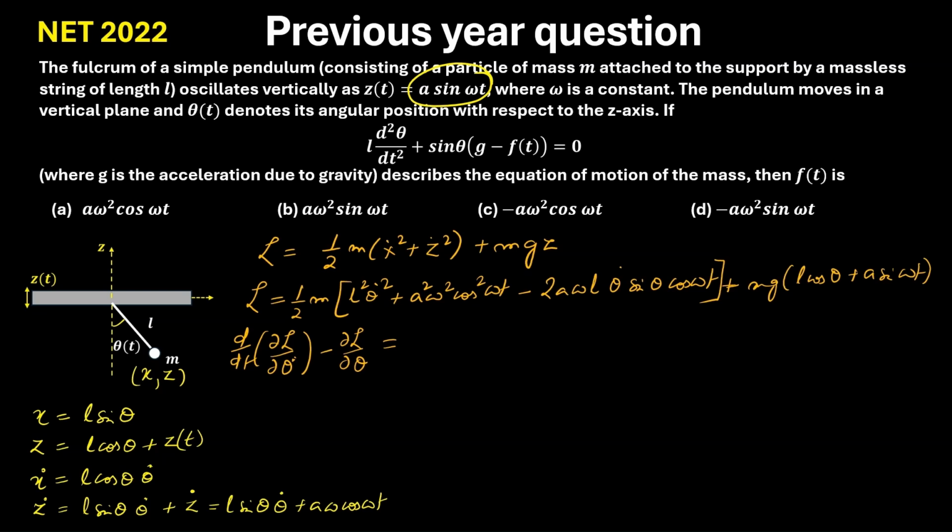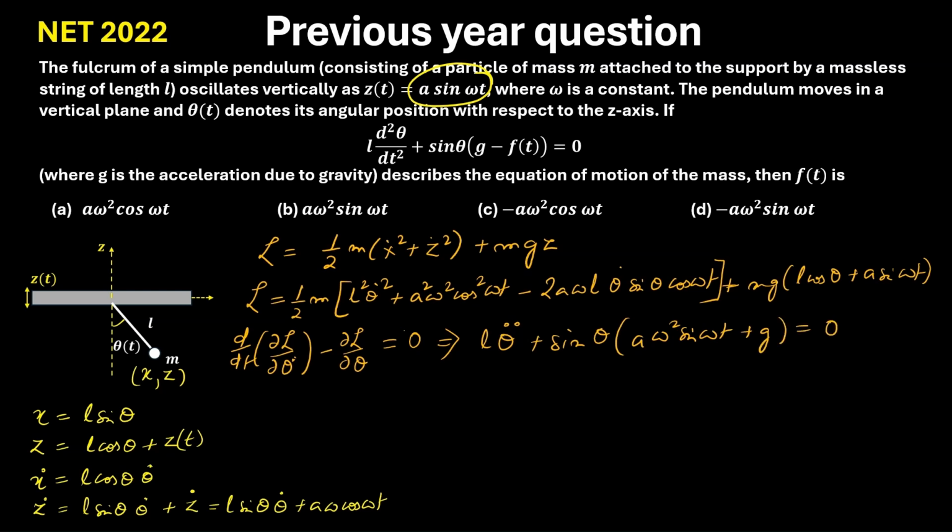I'm writing the final equation of motion because it's a bit lengthy, and it's a very easy exercise. You will get a final expression like this: L theta double dot plus sine theta times A omega square sine omega t plus g. This is equal to 0.